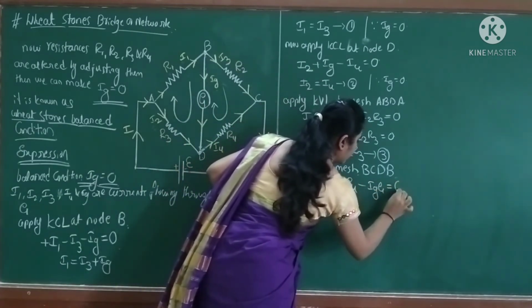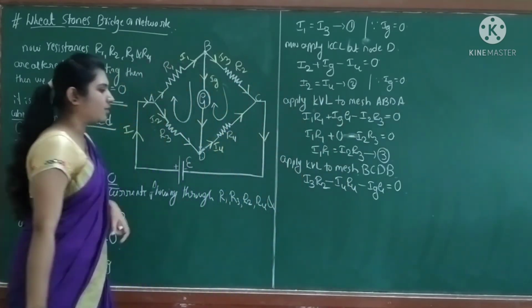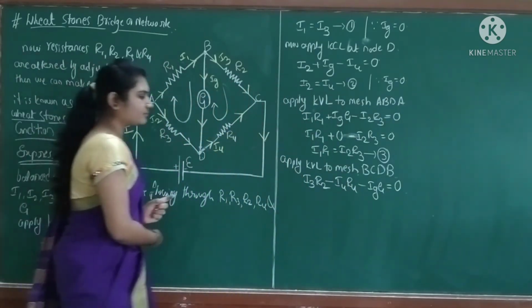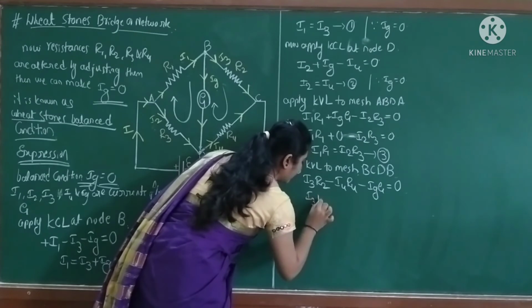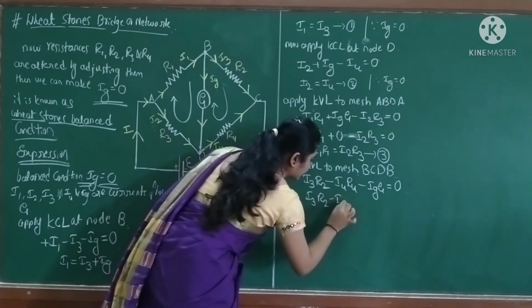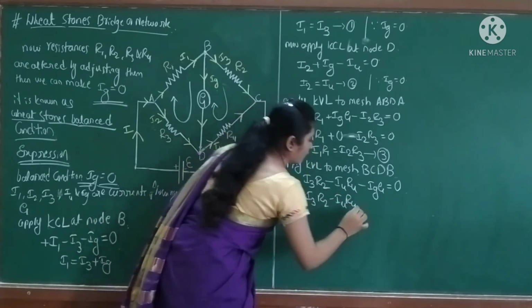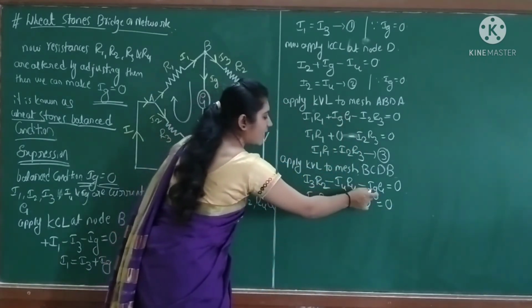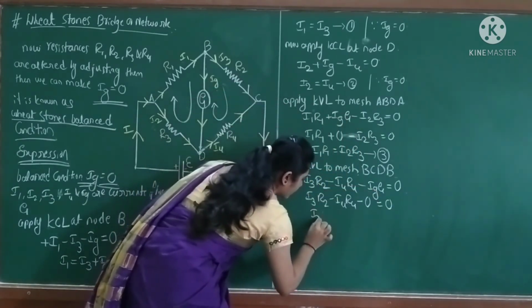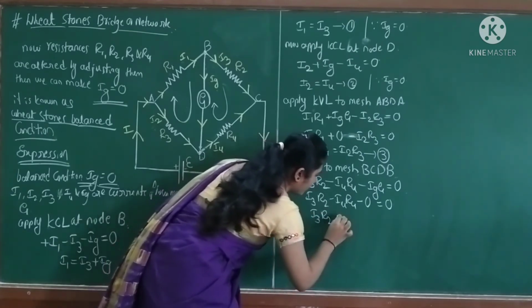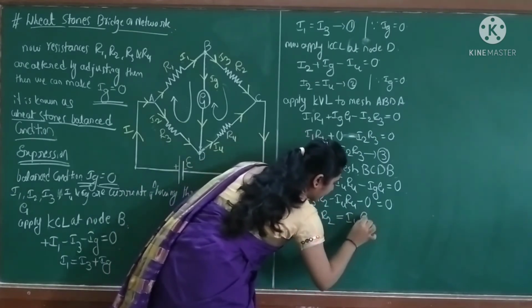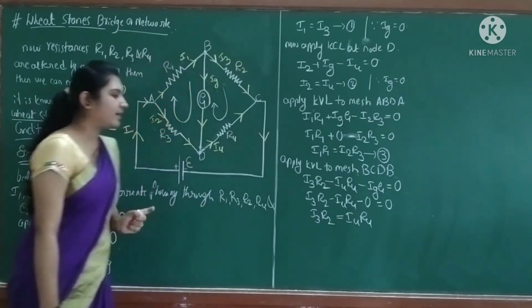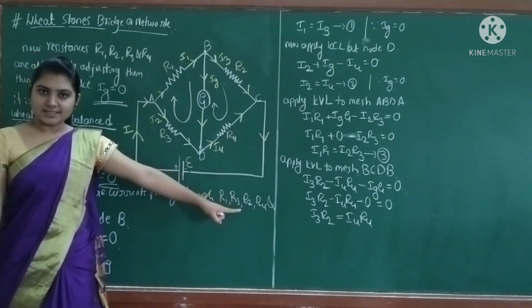Into G is equal to 0. Correct? Yes. So I3 R2 minus I4 R4 minus 0 is equal to 0. Ig is 0, so I3 R2 is equal to I4 R4. Is the equation correct now? Yes.